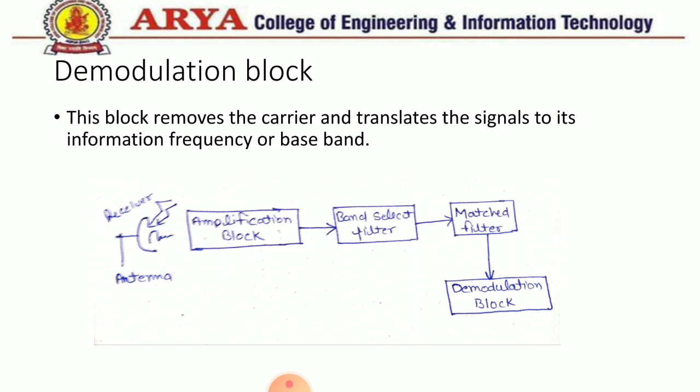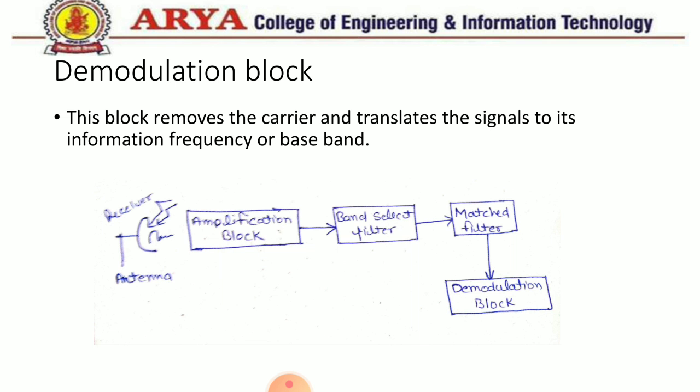After the signal is received, it is given to the amplification block and it will amplify the signal, and after amplification the signal is given to the band select filter. The band select filter selects the particular range of signal and rejects the remaining signal. After the band select filter, the signal is given to the matched filter.